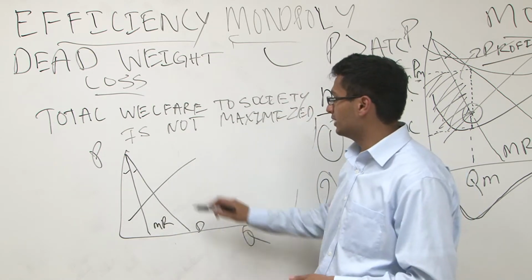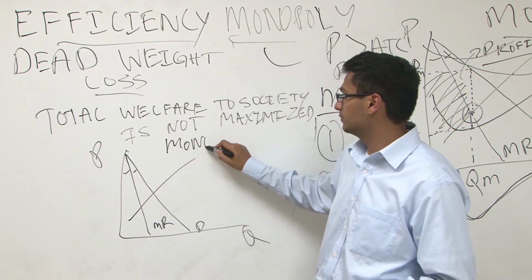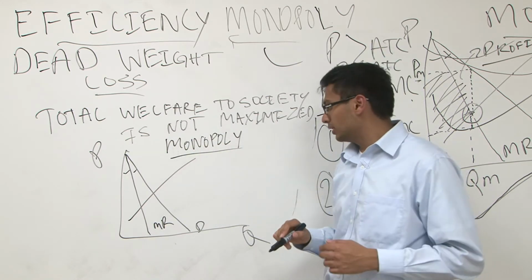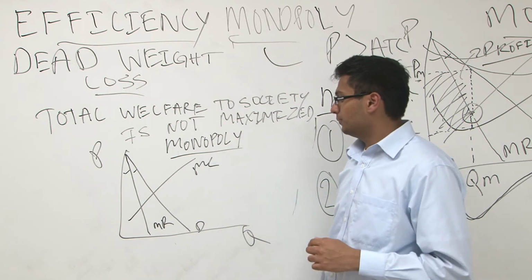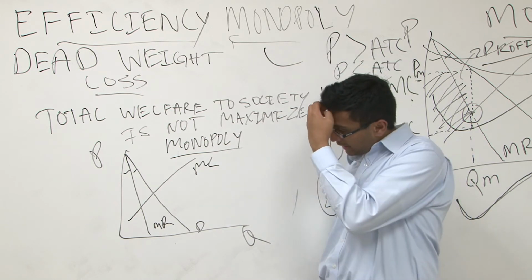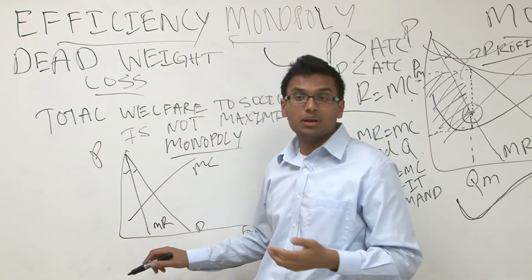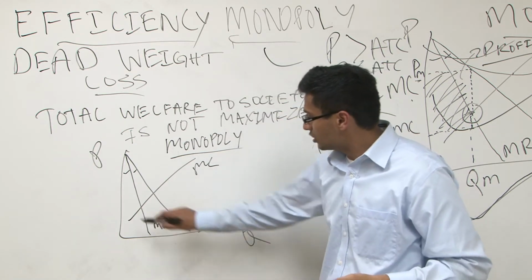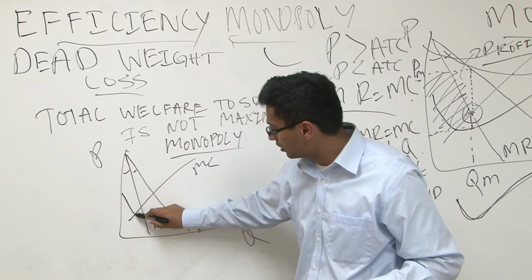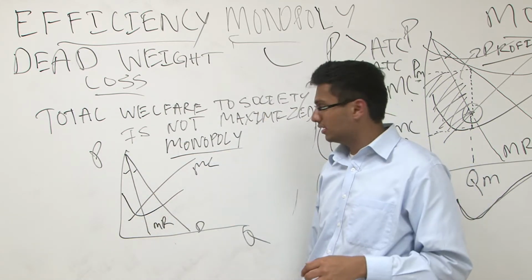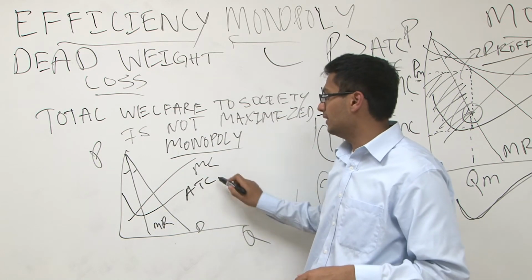This is the way you draw a monopoly. This is your MC. And the last part was obviously the minimum ATC. Obviously, it has to cross at the minimum point of the MC. So this is your ATC.